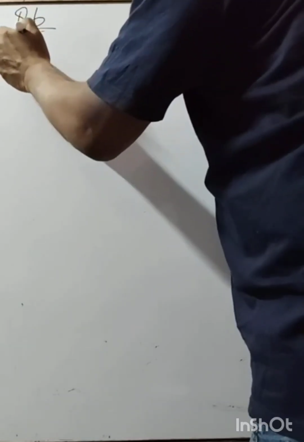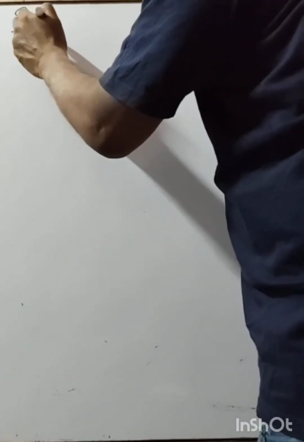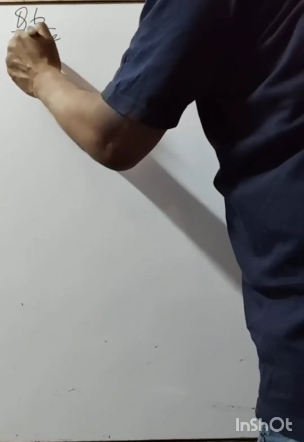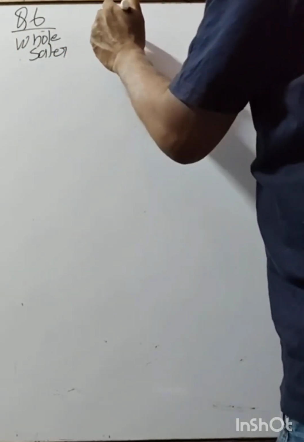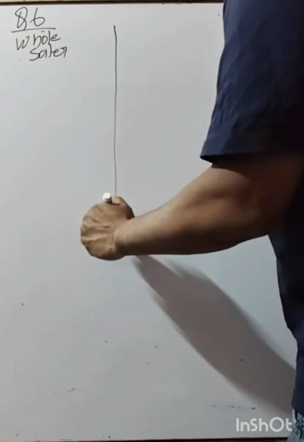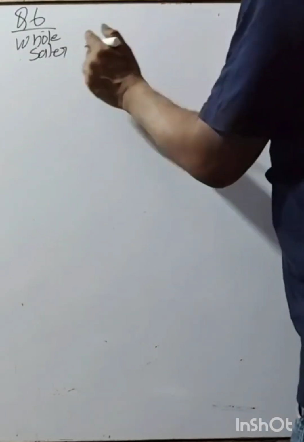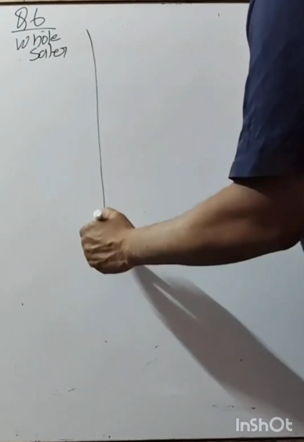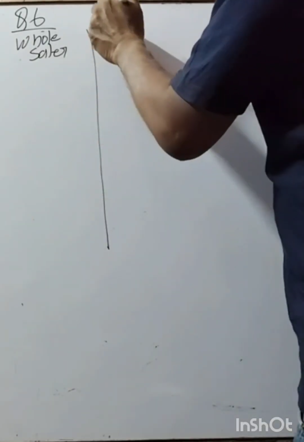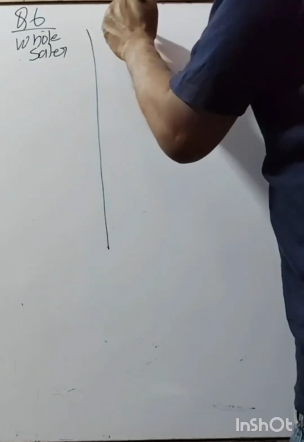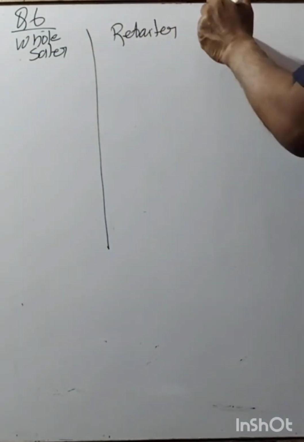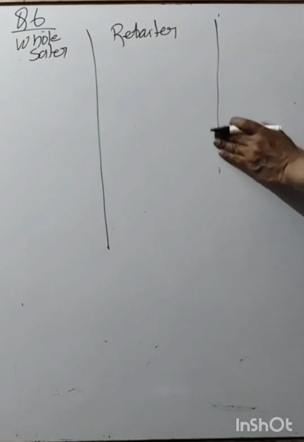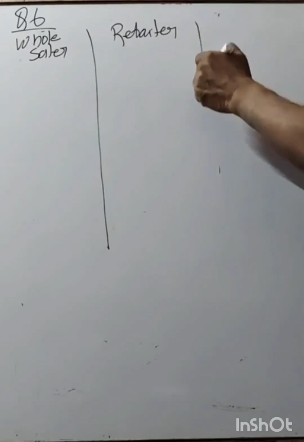So we have wholesaler, then retailer, then customer.